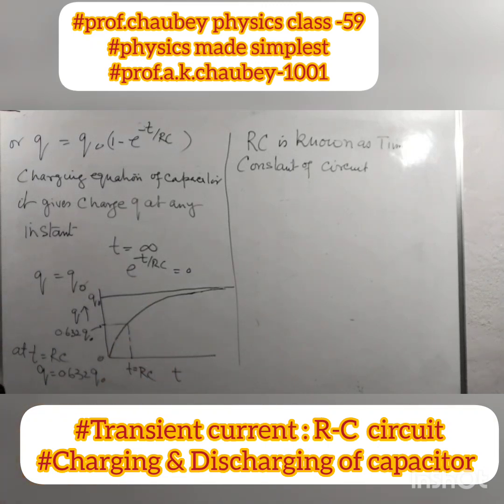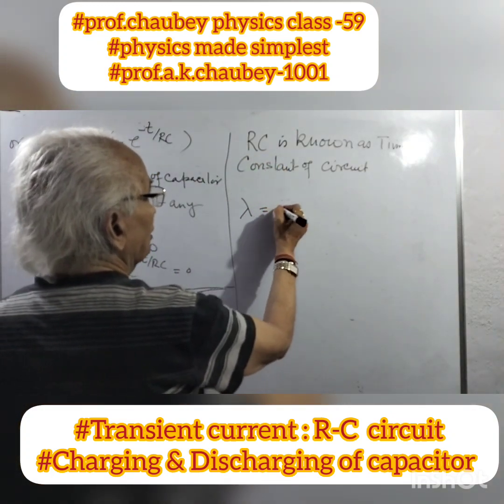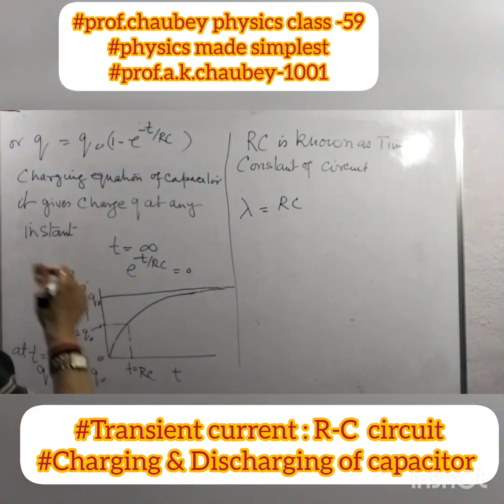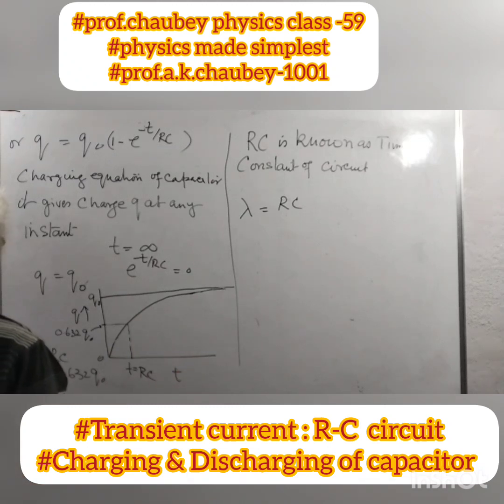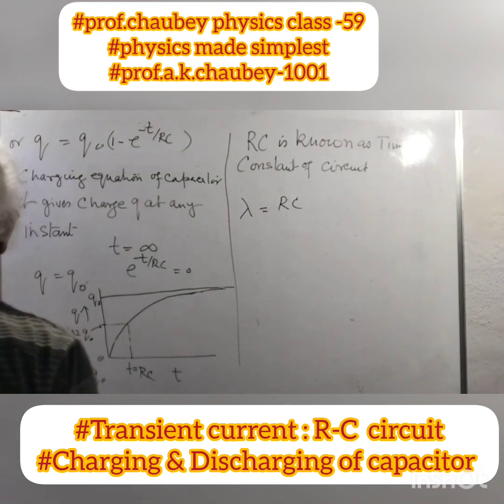Only then it will be dimensionless. Lambda is equal to RC, the time constant. I have shown that after one RC time, the charge becomes 0.632 of the maximum.